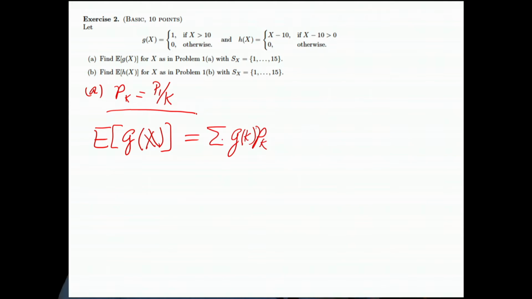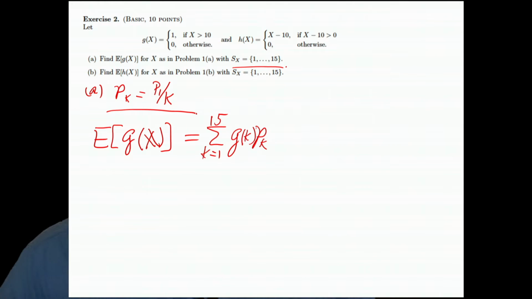We add all the possible outcomes and their coefficients, their weightings. So k is from 1 to 15, since I have 15 outcomes, 15 random variables.